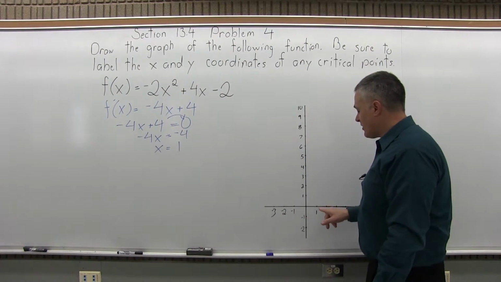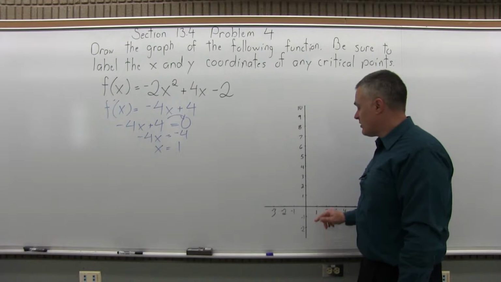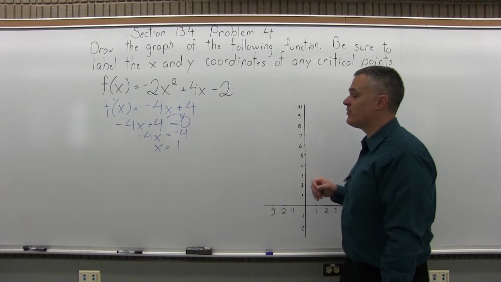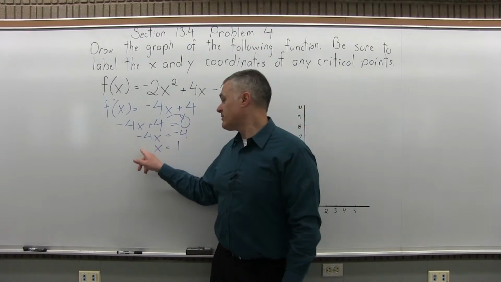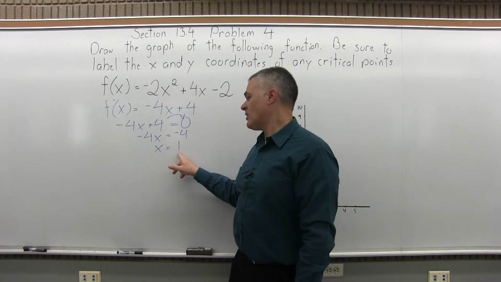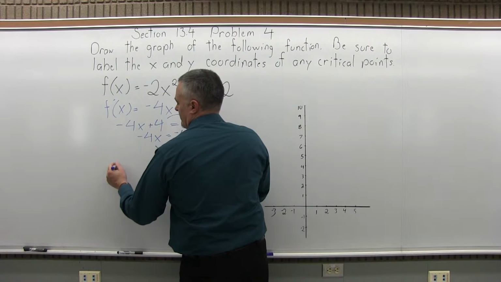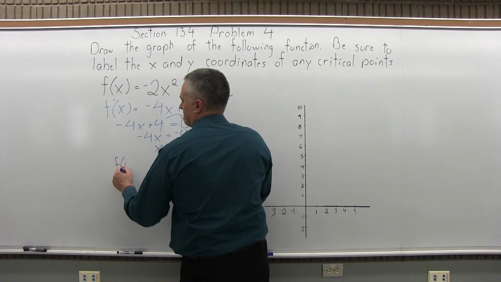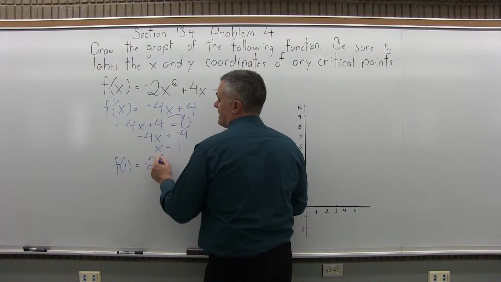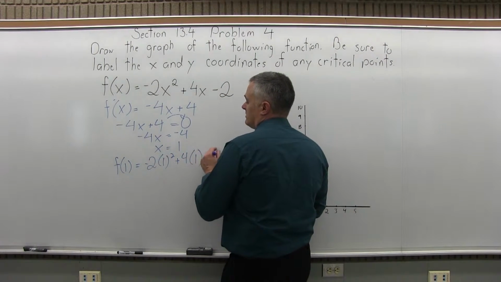So on the graph, I know if I go over 1 for x, I'm going to have a critical value, or horizontal tangent line at some height. So the next thing I have to do is find the height. That's step 4. Take my answer from step 3, which is x is 1, put it back into f of x, and find the height, the y coordinate that goes with that x is 1. So I'm going to do f of 1 equals negative 2 times 1 squared, plus 4 times 1, minus 2.